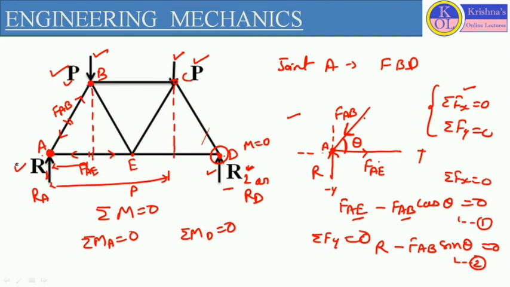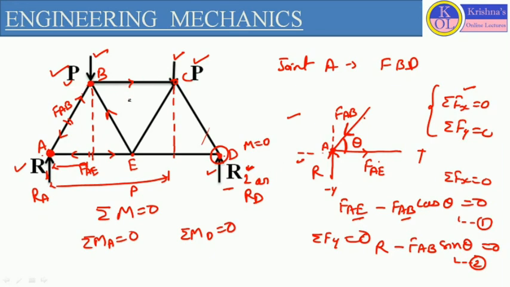So at point B we have how many members? Member FAB, this member BC, this member BE. So if we don't define FAB with the help of this free body diagram, we will use another joint.